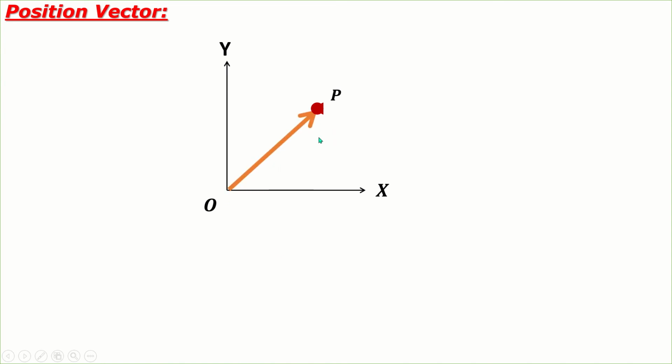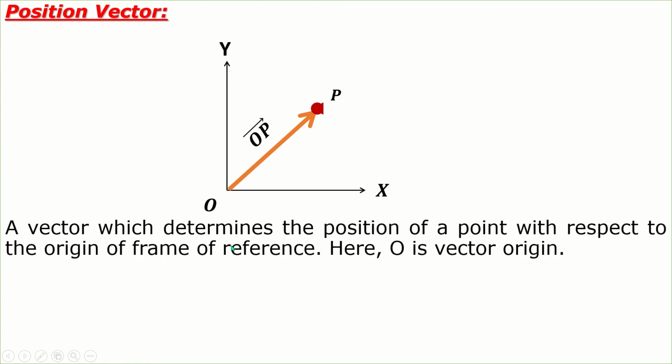That means OP vector is the position vector of the point P with respect to O. That means position is always determined with respect to another frame or body or thing. A vector which determines the position of a point with respect to the origin of the frame of reference. Here O is the vector origin.